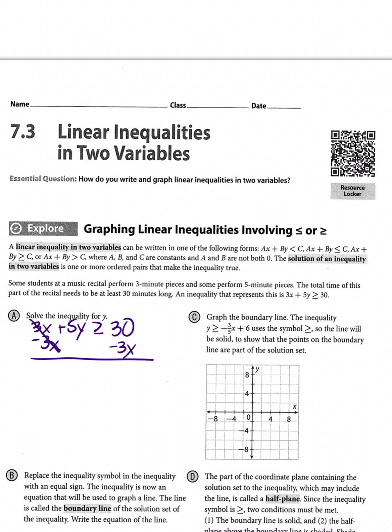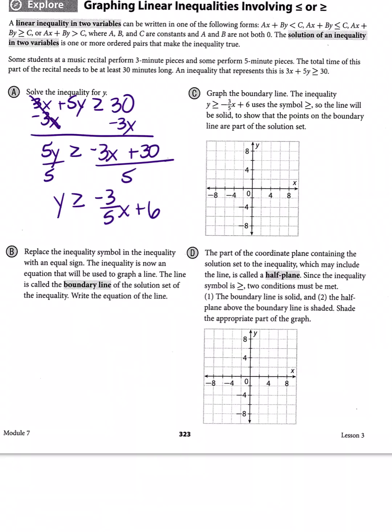This is eliminated from that side, but we still have 5y, and then 30 and negative 3x. We can't combine those because they're not the same type of piece, so we just write them next to each other. Then we're going to divide both sides by 5 to solve for y. And 30 divided by 5 is 6.